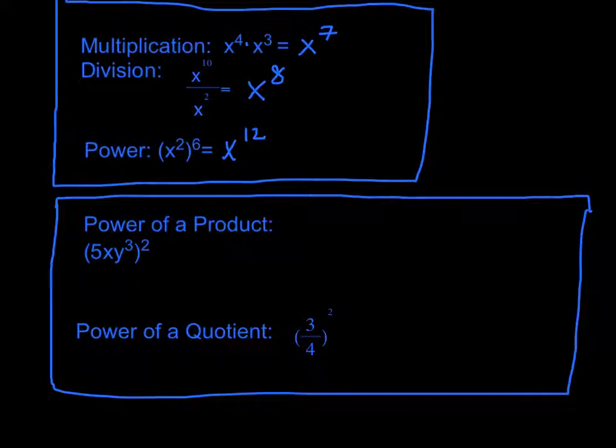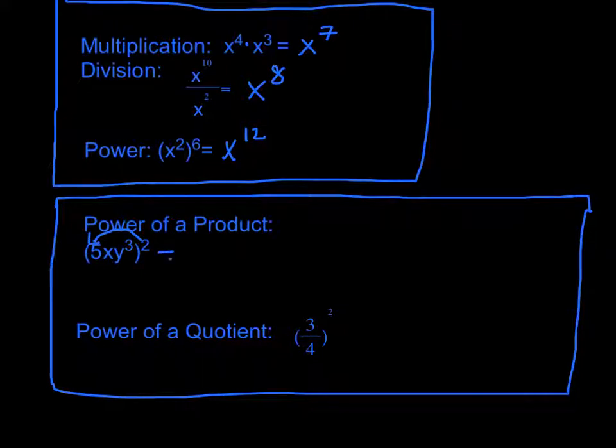All right, let's look down at the power of a product. So what we're going to do here is you can see that we have a power right here on the outside. So I'm going to take that power and distribute it through to everything on the inside of the parentheses here. All right, so let's look. First of all, I'm going to start by taking that power and distributing it through to the 5.